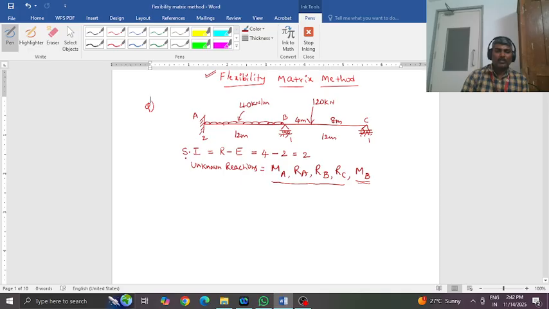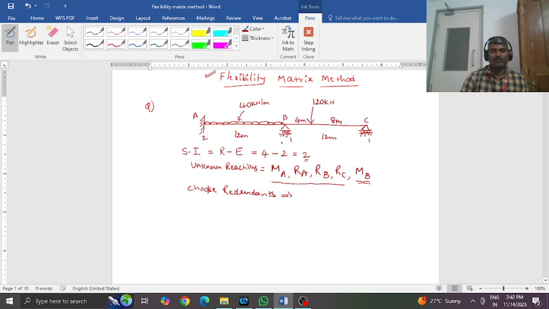As the static indeterminacy of this problem is 2, you need to choose redundants. What are redundants? The number of excess support reactions present in the structure. Some number of reactions are required to keep the structure in equilibrium.